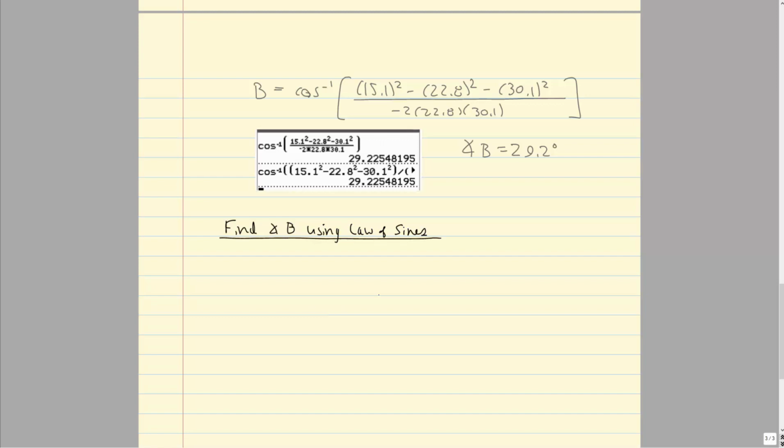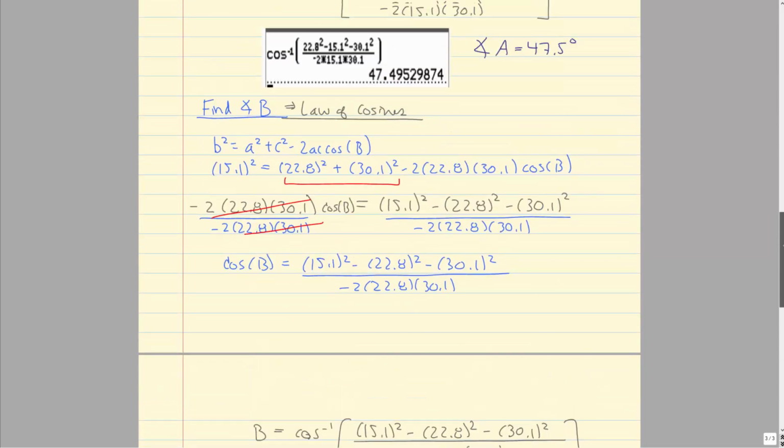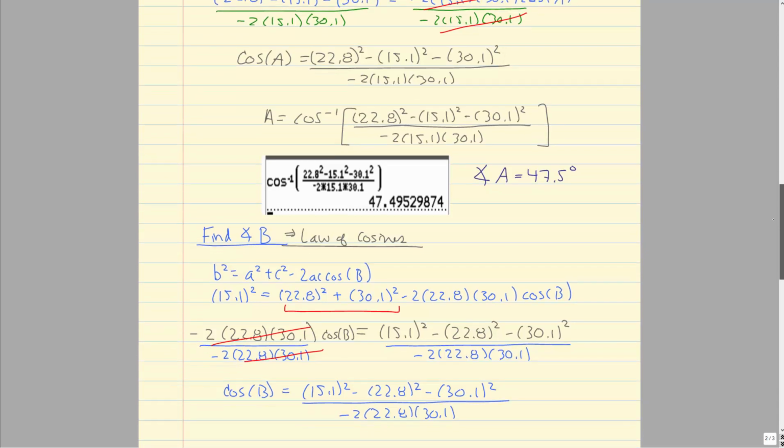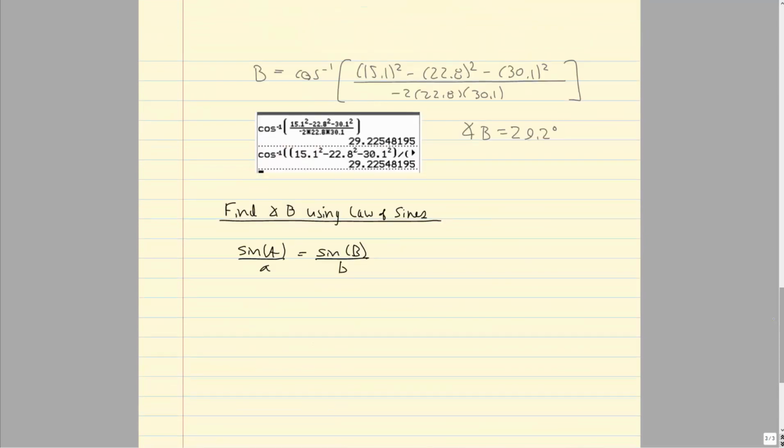Okay, so law of sines, if you remember, I had sine of A over side A equals the sine of B over side B. So sine of A, if we scroll up here, was 47.5 degrees. So this is the sine of 47.5 degrees.